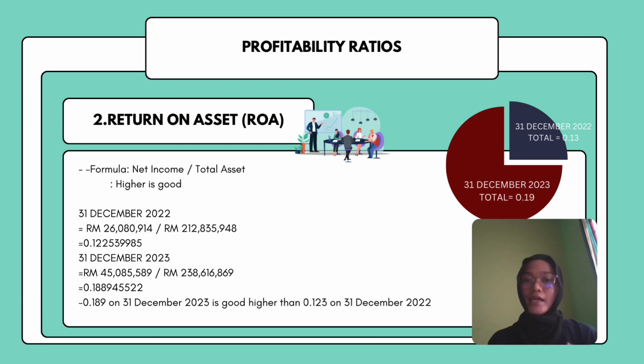For this ROA, the higher the better. For 31 December 2022, they got 0.13, and for 31 December 2023, they got 0.19. So 31 December 2023 is better because it is higher than 31 December 2022.